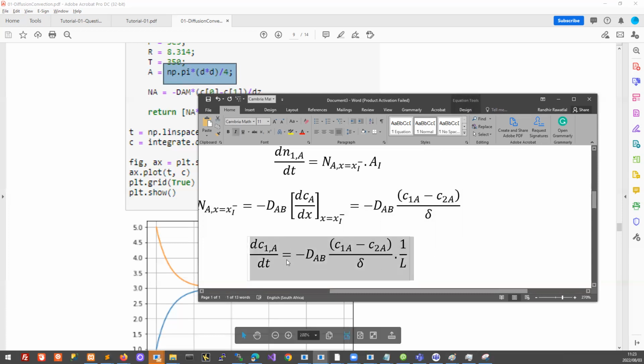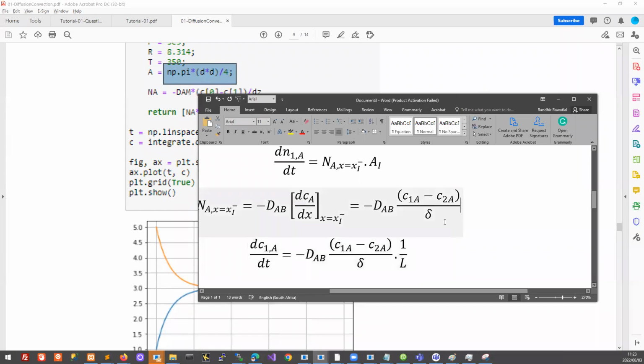And you see, you can't solve this equation by itself because you need also the concentration in the second cell, because at the interface, your concentration is changing on both sides, right? The same phenomenon, this diffusion, is affecting the concentration in both cells. So for the second cell, we have to do the same thing.